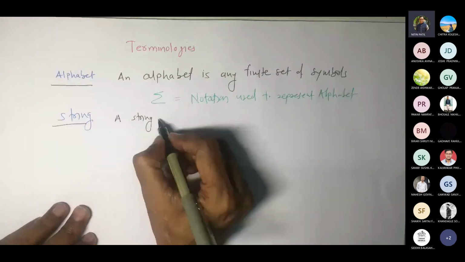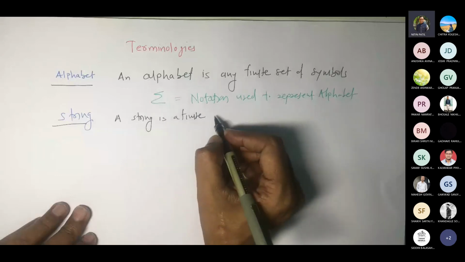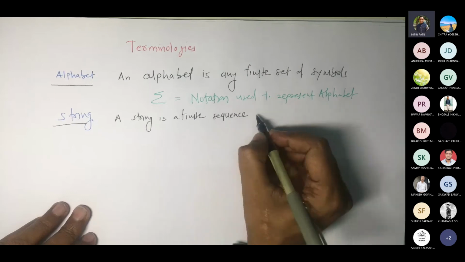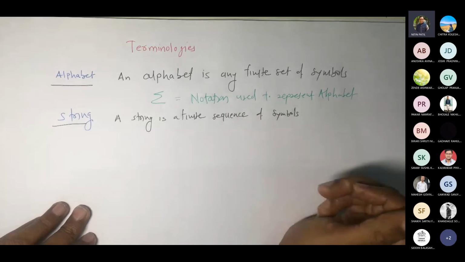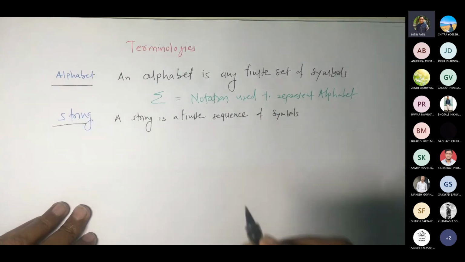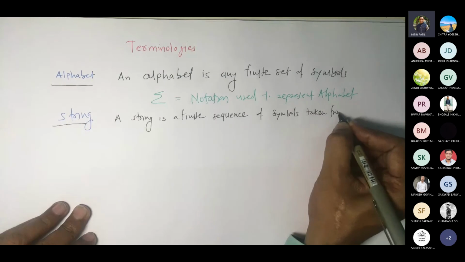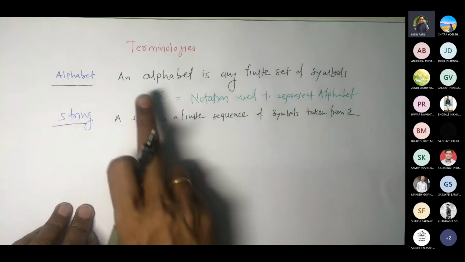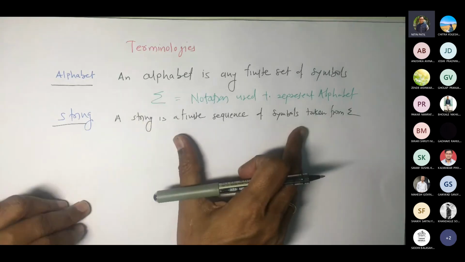A string is a finite sequence of symbols. These symbols should be taken from sigma, the alphabet we talked about. We take symbols from that sigma and form strings.